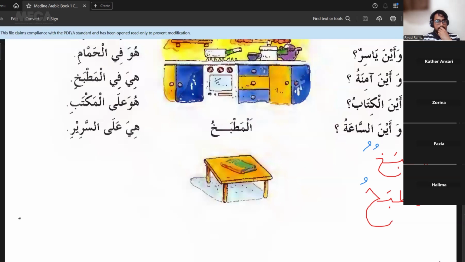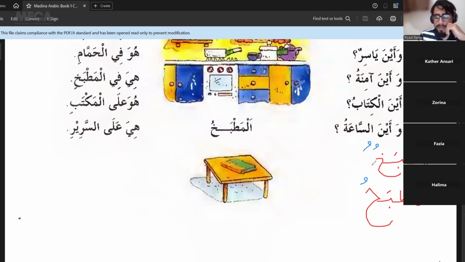Al-matbakhu. Matbakhu is a kitchen, but I'm asking in a kitchen. Kitchen is fil matbakhi. And Halima? Everyone got it wrong.